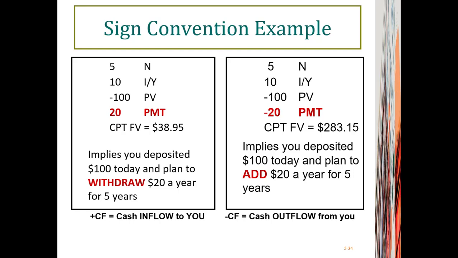Since you deposit money, the PV is negative 100. Since you are going to withdraw $20 every year for 5 years, PMT, this periodic payment, is 20. And the future value can be calculated based on the Five Guys.